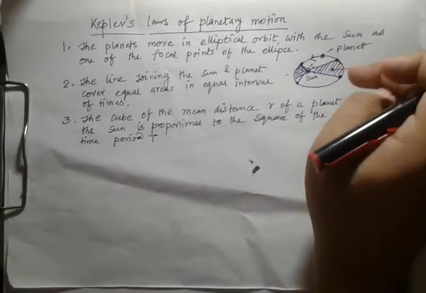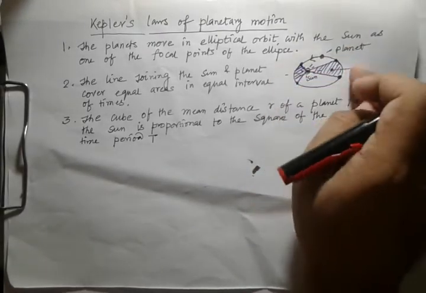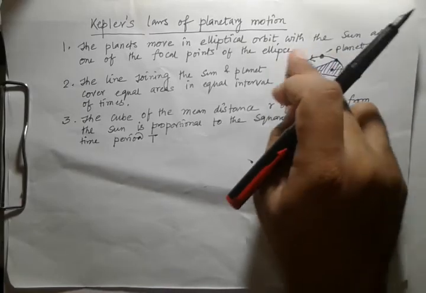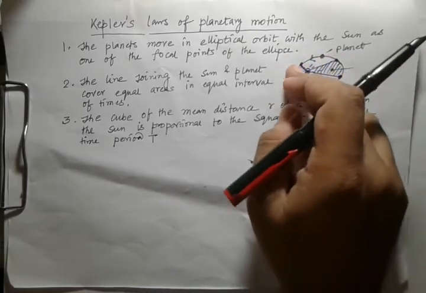Orbital time period means how much time it takes to complete one revolution. For the Earth it is 365 days.